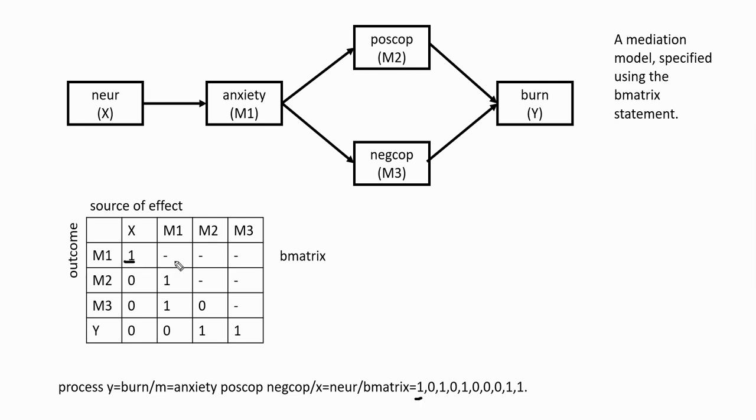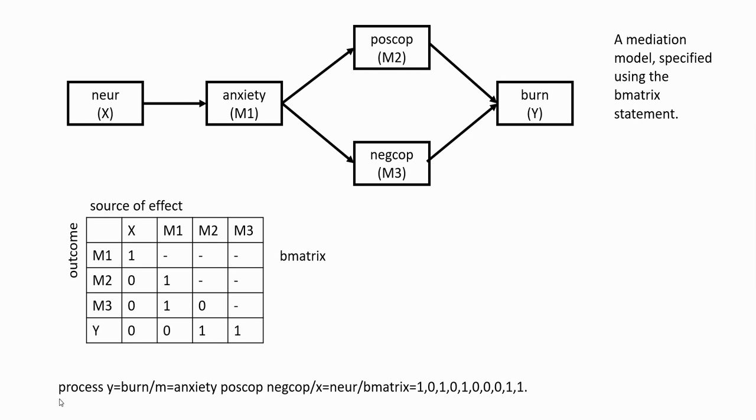Then we move to the second row because we don't have any other coefficients in the first row, and then we have 0 and 1, so that's going to be reflected by these values right here. Then we move to the third row and we have 0, 1, and 0 that are given. And then we move to the fourth row where we have 0, 0, 1, and 1 right there. So that's basically all there is to it.